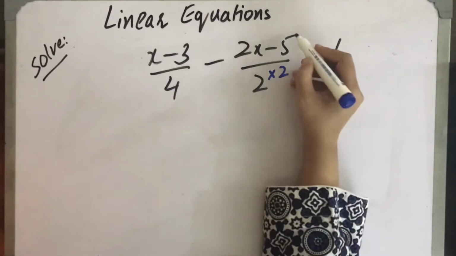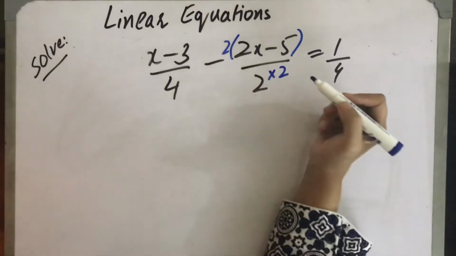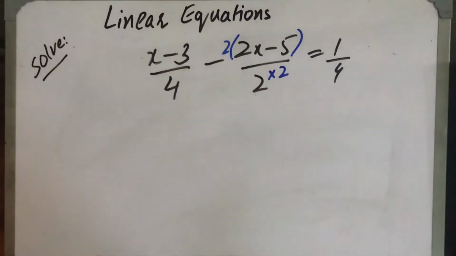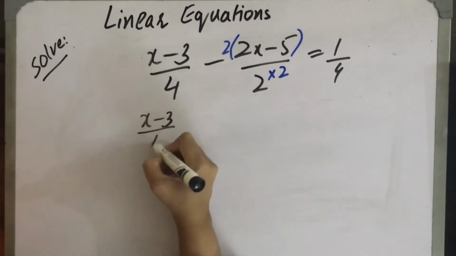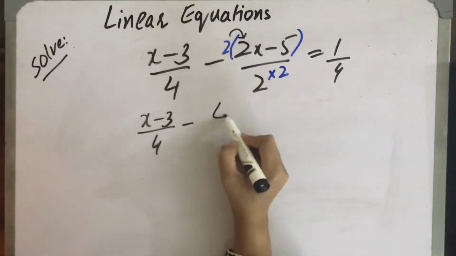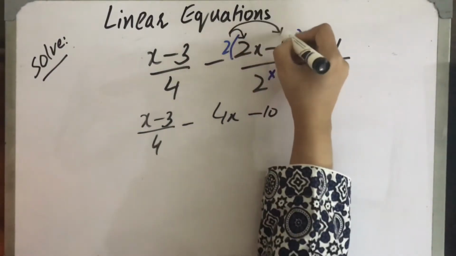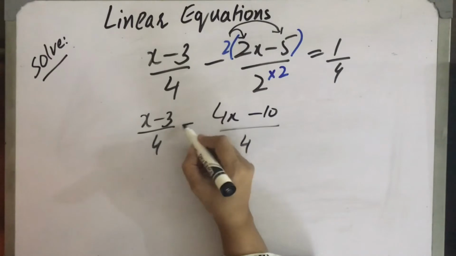I shall multiply this fraction with 2, numerator as well as denominator. We can multiply it with 1, and we can even ignore this step. And now when I open the bracket, I will have 2 times 2x, 4x, and 2 times 5, 10. I shall not change the signs using this negative sign.